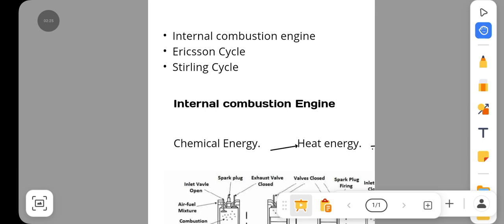One of them is the petrol engine, known as the Otto engine, developed by Nicolaus A. Otto in 1876, and we also have the diesel engine, developed by Rudolf Diesel. We also have the dual cycles, which use both the Otto and diesel mechanisms together in one.